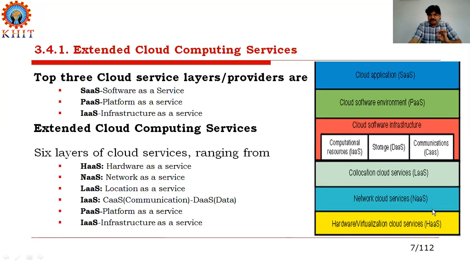And network cloud computing services, NaaS, can be placed on top of hardware. And the last one is location as a service, which means identifying the location or the geographical area view of data centers which are hosted in different places.